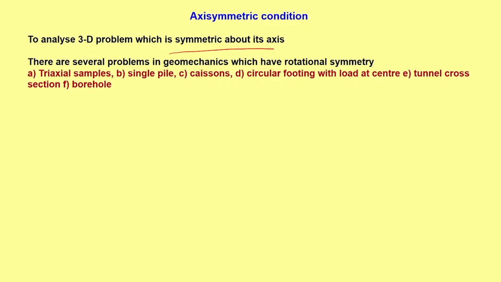Because of this all round stress, there is a sort of axis of symmetry with respect to geometry as well as with respect to loading. So a triaxial sample is a very good example of axisymmetric condition where you change the 3D to a 2D state.